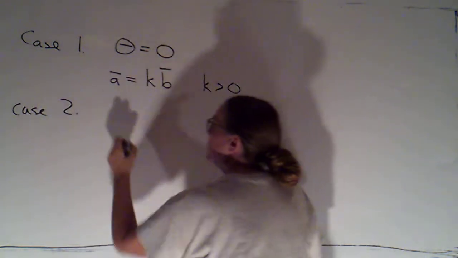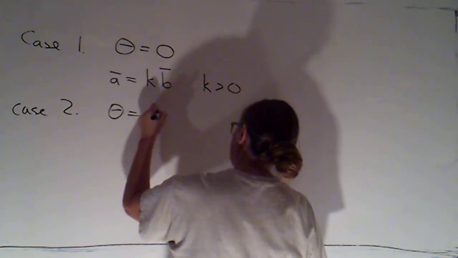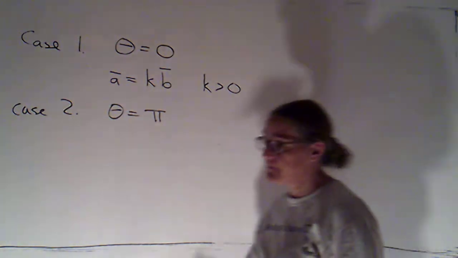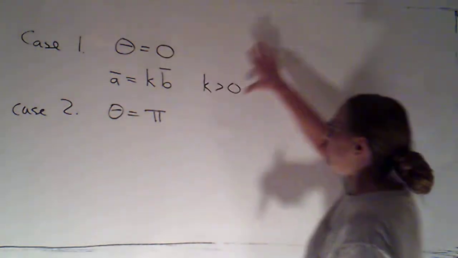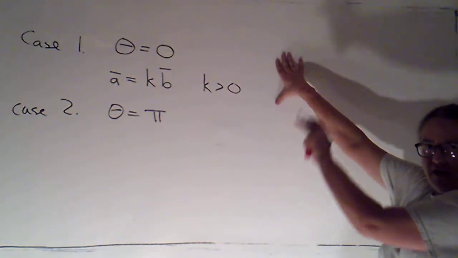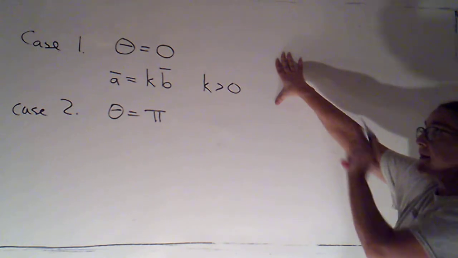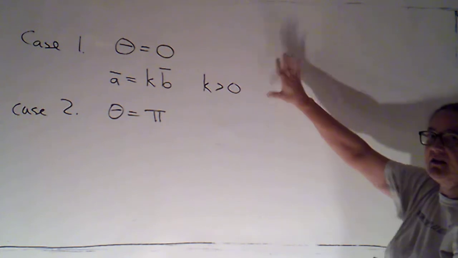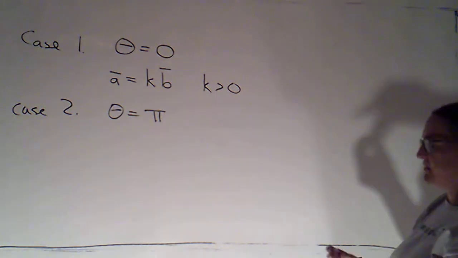Case 2 is going to be the other extreme, if theta is equal to pi. By the way, I haven't started a formal proof yet. I'm just sort of outlining what I'm going to do. Once I'm ready to do a formal proof, I'm going to need to identify my objects. Here I'm just outlining what I'm planning to do.